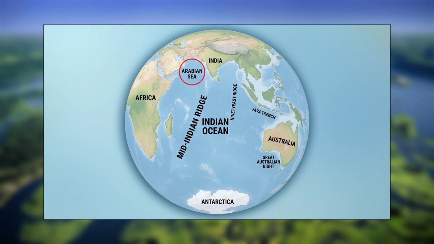In the western sector, the Arabian Basin forms a near-circular depression between the Laccadive-Chagos and the Socotra-Chagos ridge, averaging 3,600 to 5,486 meters in depth.